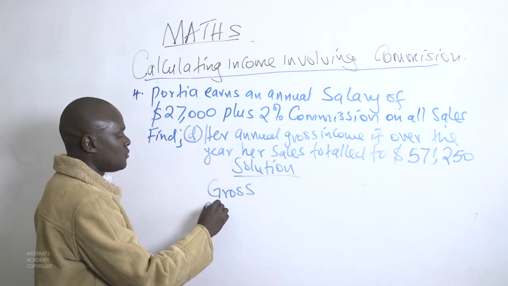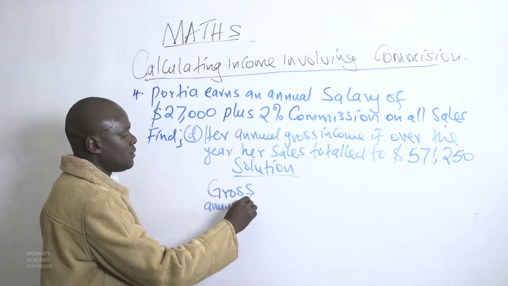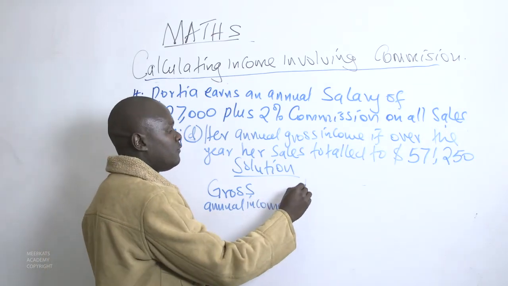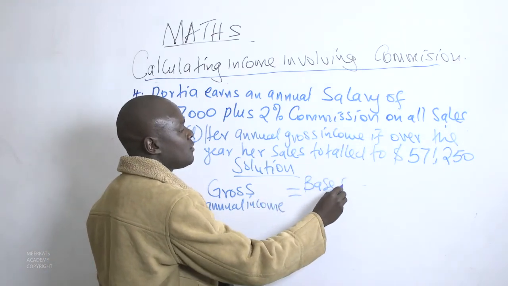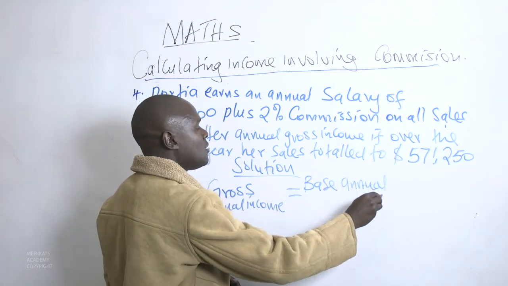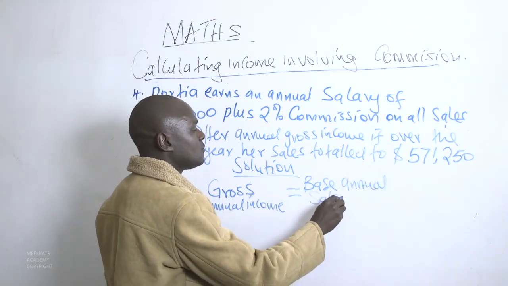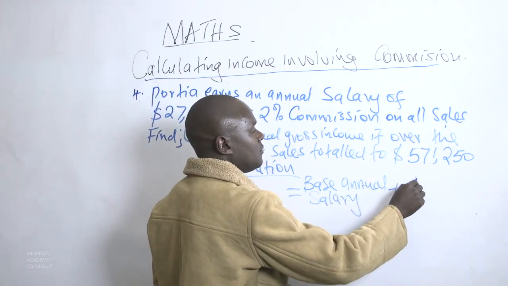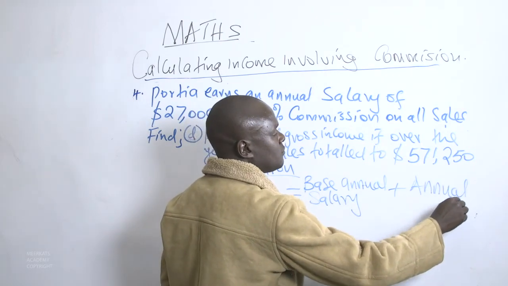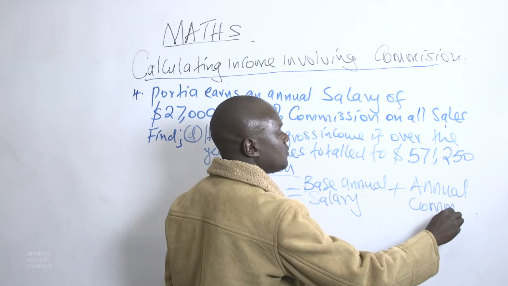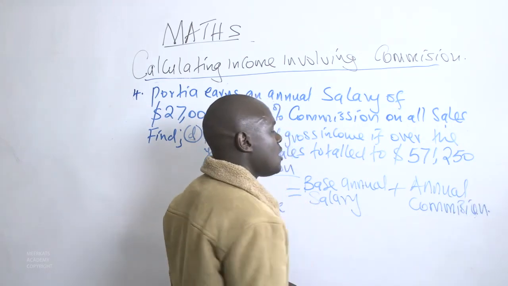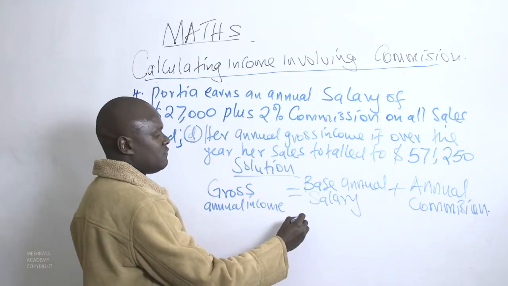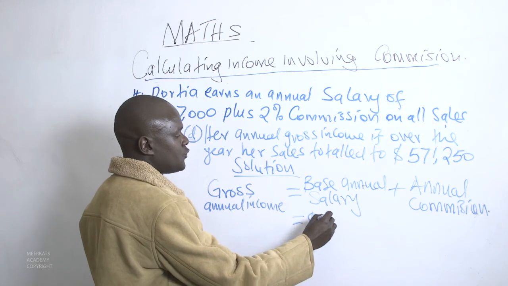Gross annual income will be the sum of the base annual salary plus the annual commission. And her base annual salary we were already given.